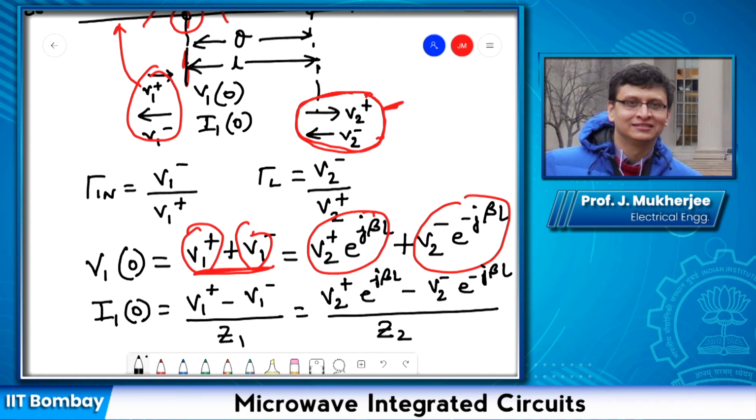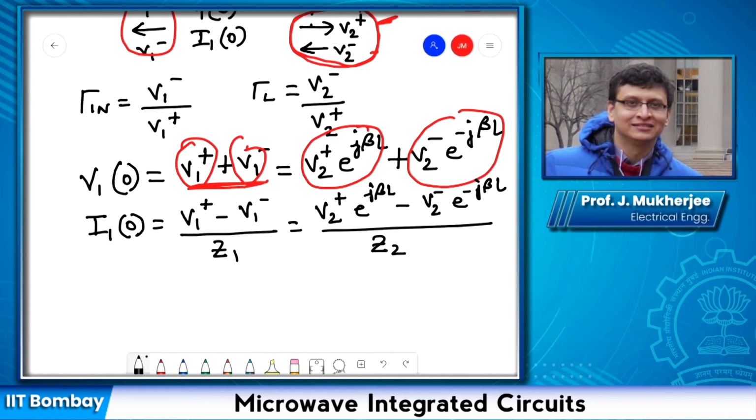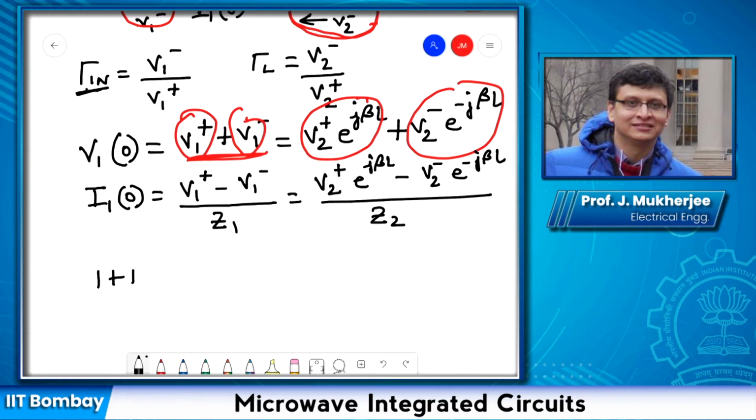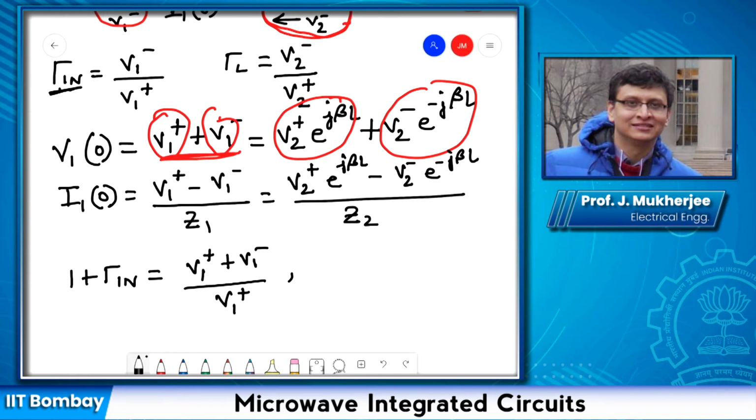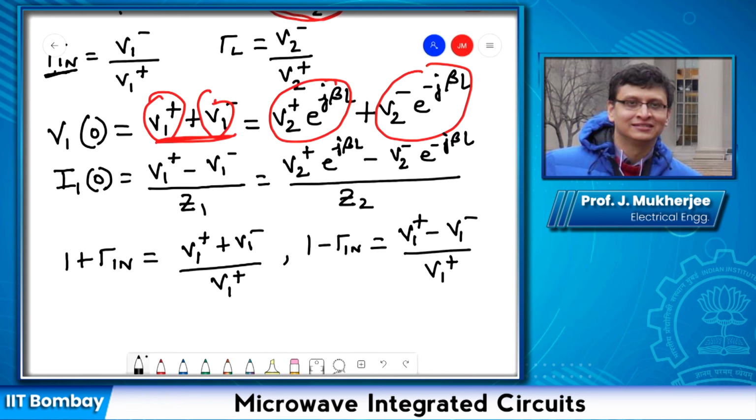Okay, so now coming back to this expression, if I write 1 plus gamma in, then that becomes equal to V1 plus plus V1 minus upon V1 plus, and 1 minus gamma in is equal to V1 plus minus V1 minus upon V1 plus. Now, what is this term equal to?